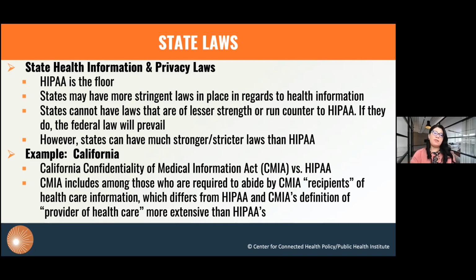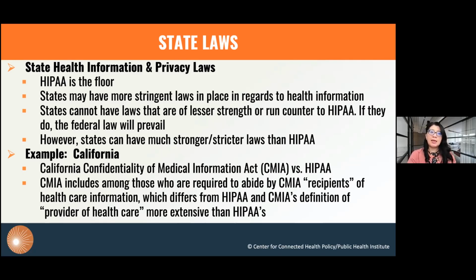An example of that is in California. California has something called the California Confidentiality of Medical Information Act. In some of the ways that it differs from HIPAA, where there may be more stringent or extra requirements, the CMIA includes those required to abide by it as recipients of protected health information, which differs from HIPAA because HIPAA does not include recipients as a category.